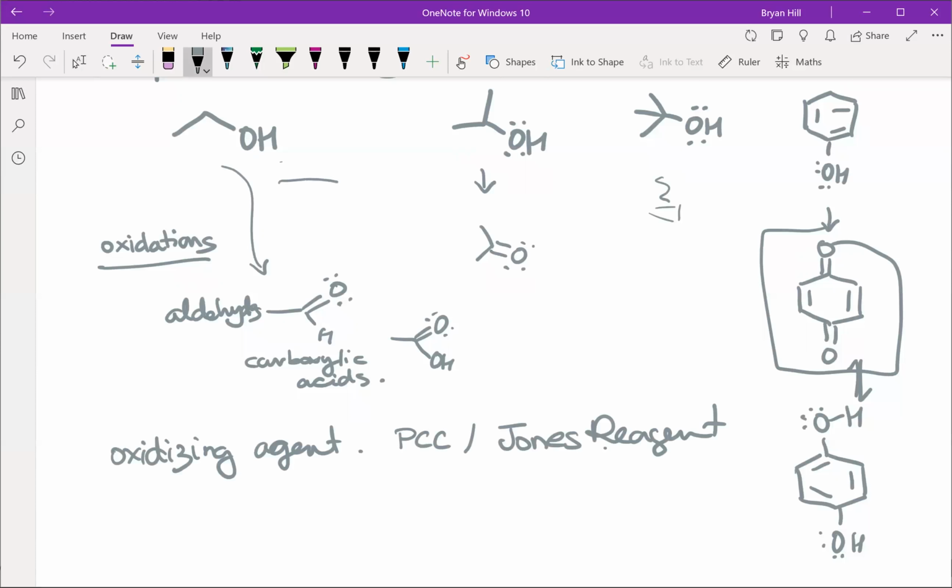Jones would have taken a primary alcohol to the carboxylic acid. PCC would have stopped at the aldehyde if it was anhydrous, so if there was no water in there. And both of them would have oxidized a secondary alcohol to a ketone. Those are the two main oxidizing agents we would have seen before in organic 2.